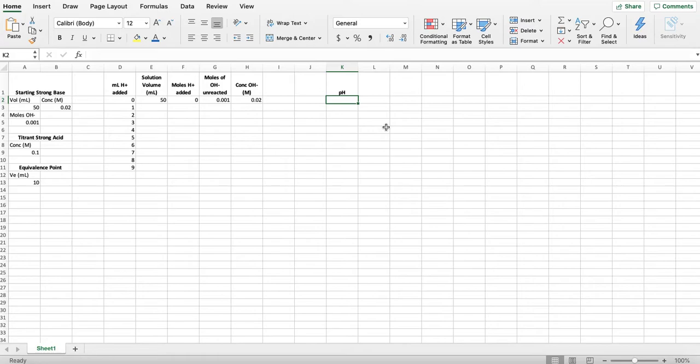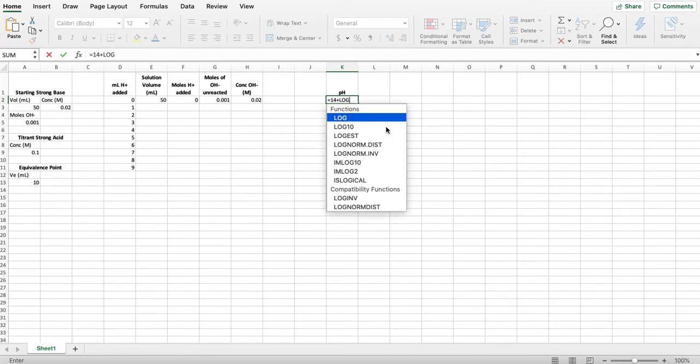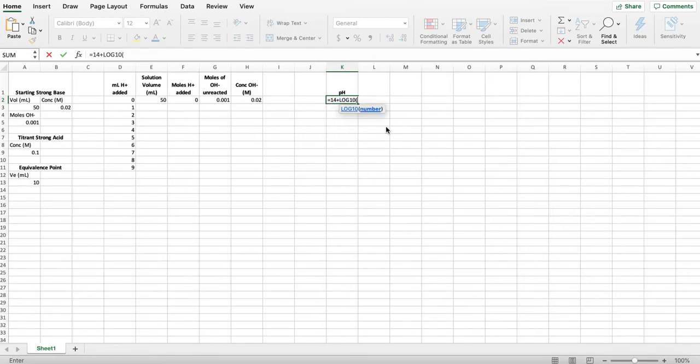In this case, we have OH minus, we don't have H plus, and so we can take 14 minus the negative log of OH, and so minus the negative log would end up being 14 plus log 10 of the concentration of OH minus, and we get 12.3. So also, if you look at table 10.1, we've just recreated the top row, and the pH that we got is the same. However, I'm going to change it.